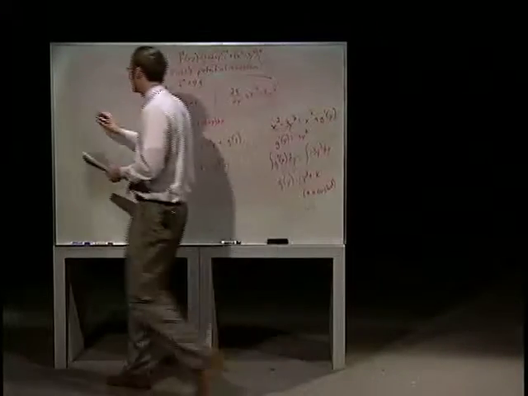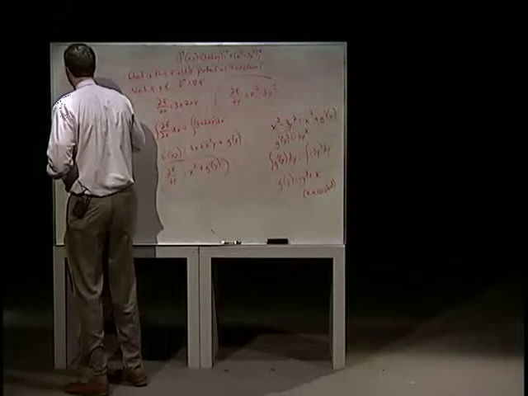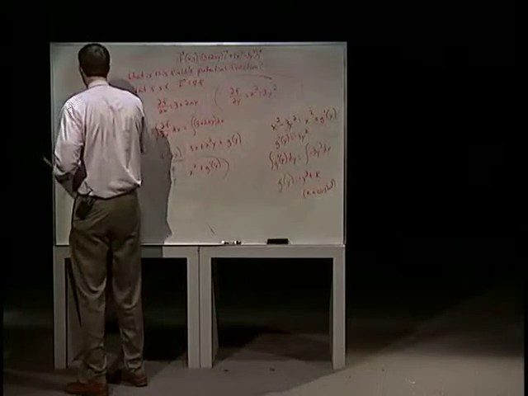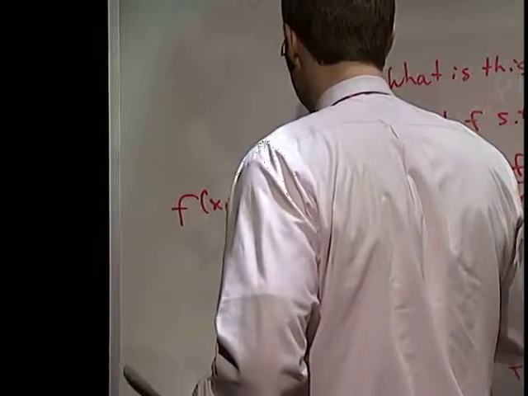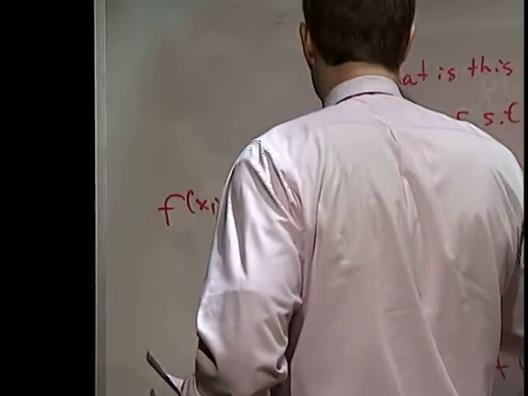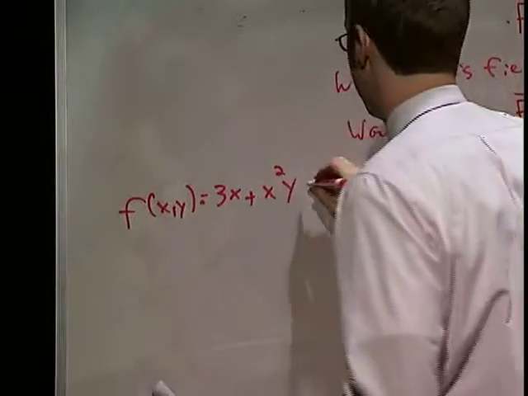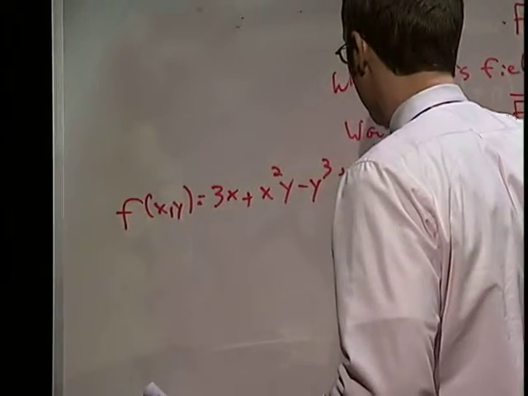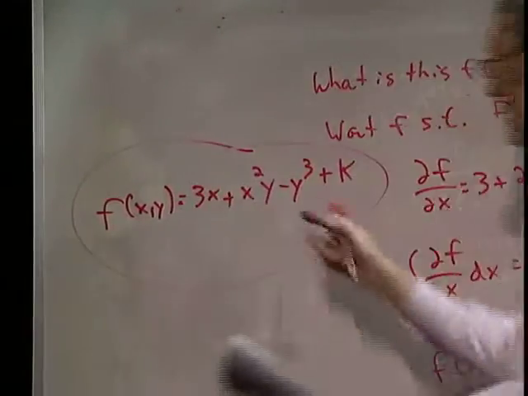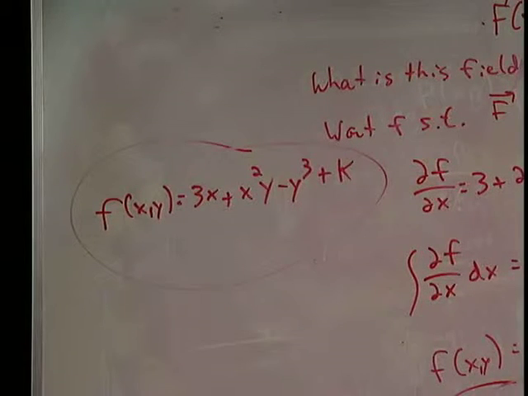So what's our potential function? Well, it's f of x y equals 3x plus x squared y, not plus, but minus y cubed plus k, a constant, right?